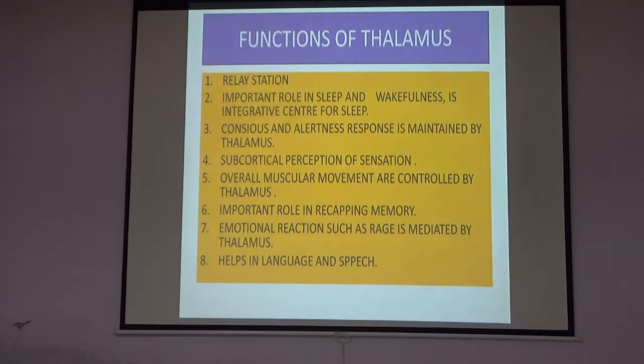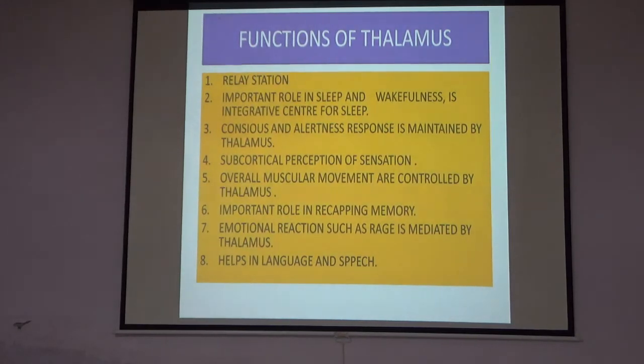So the first and most important function is that it is a relay station. What all does it relay? First, it relays pathways coming from the cerebellum, cerebral cortex, and projecting from the peripheral sensory systems. It is a relay station for auditory and visual stimuli.